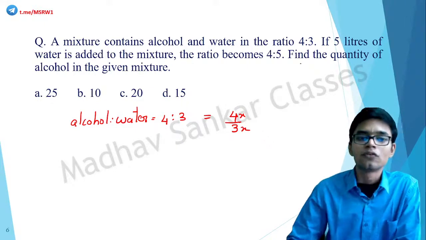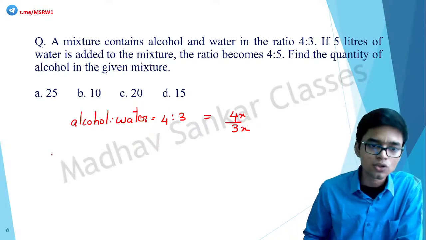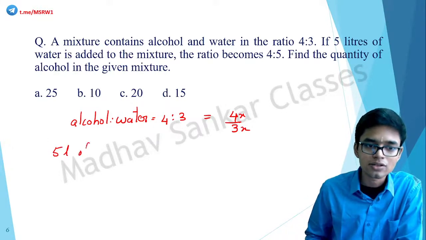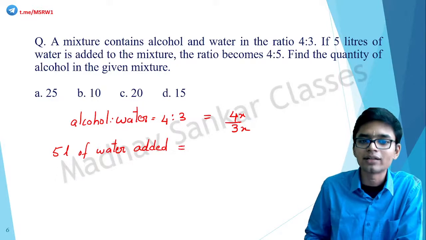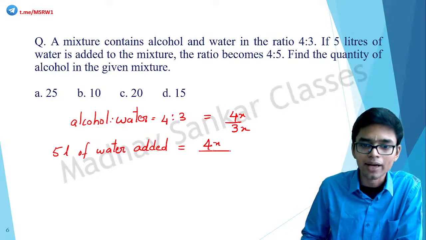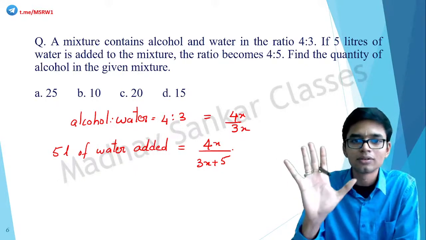Now, 5 liters of water is added to the mixture. Correct? So 5 liters of water added. How can we rewrite this? 4x by 3x plus 5. Correct? To the water, I added 5 liters.